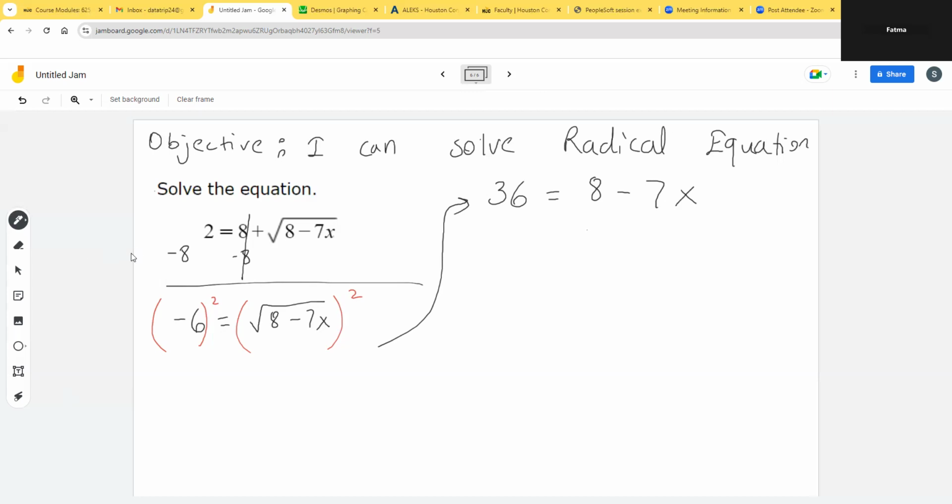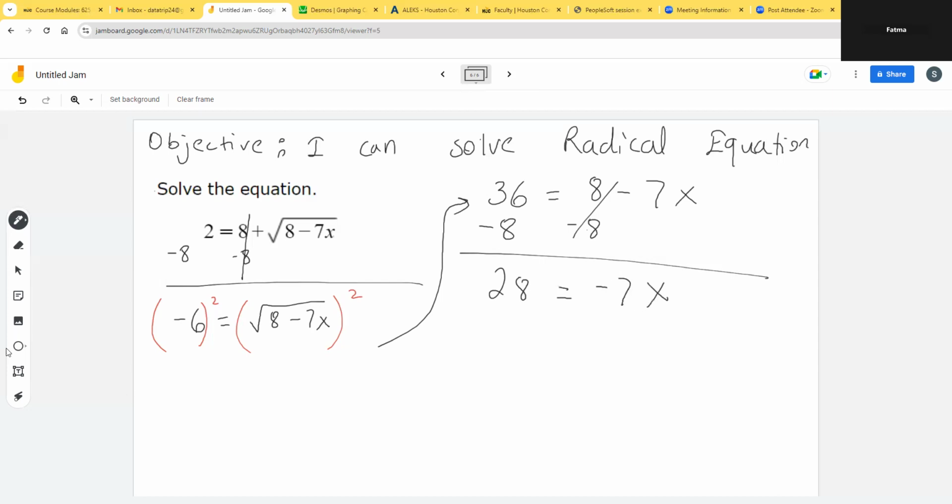Is it hard? Nope. What's the next step I should be doing? Subtract 8 on both sides. What's 36 minus 8? 28 is equal to negative 7x.